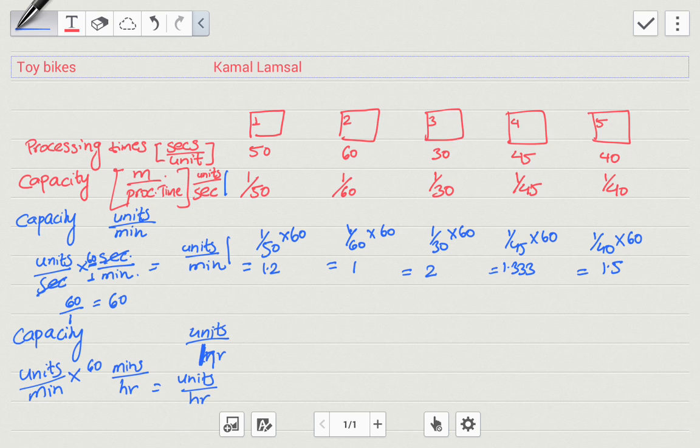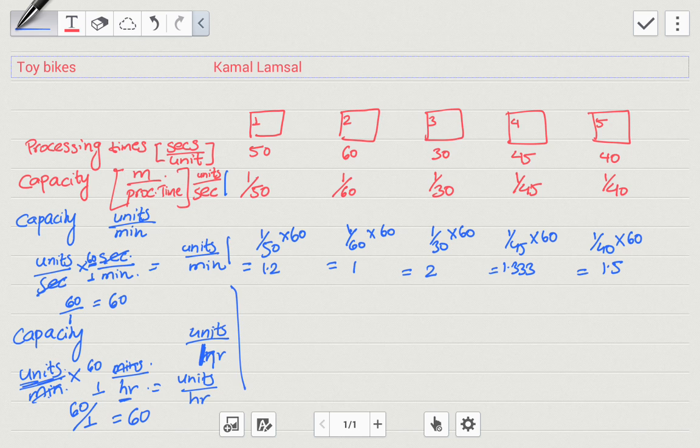The only way to make the top and bottom equal is 60 minutes is the same as 1 hour. We can get rid of minutes now. Thus we get units per hour. So to go from units per minute to units per hour, we multiply by 60 divided by 1, which is the same as multiplying by 60.